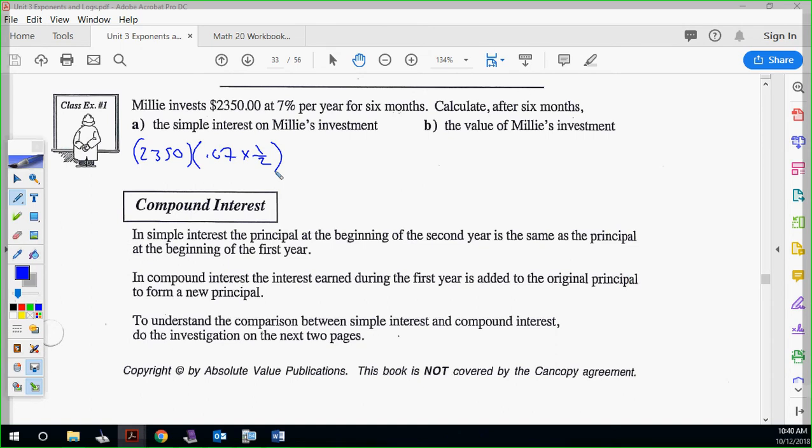And so she would get $82.25 on her investment. The value of her investment is now what she has total, so you'd add the 82.25 to the 2,350. So she's got $2,432.25.